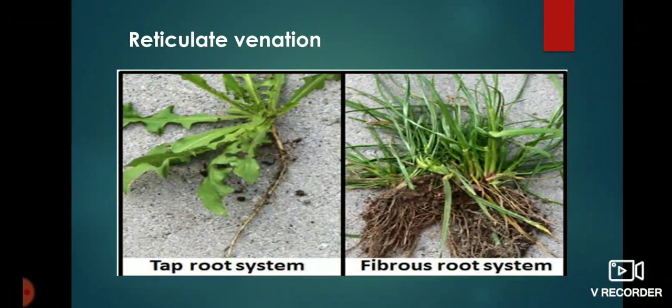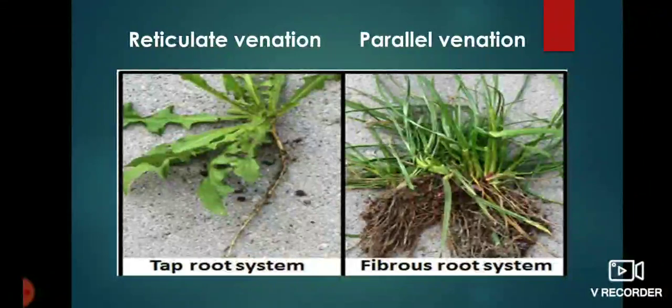And in fibrous root system, which will be the leaf venation? Yes, parallel venation. So, there is a relation between a plant's root system and its leaf venation. If a plant has reticulate venation, it will have taproot system, and if a plant has parallel venation, it will have fibrous root system.